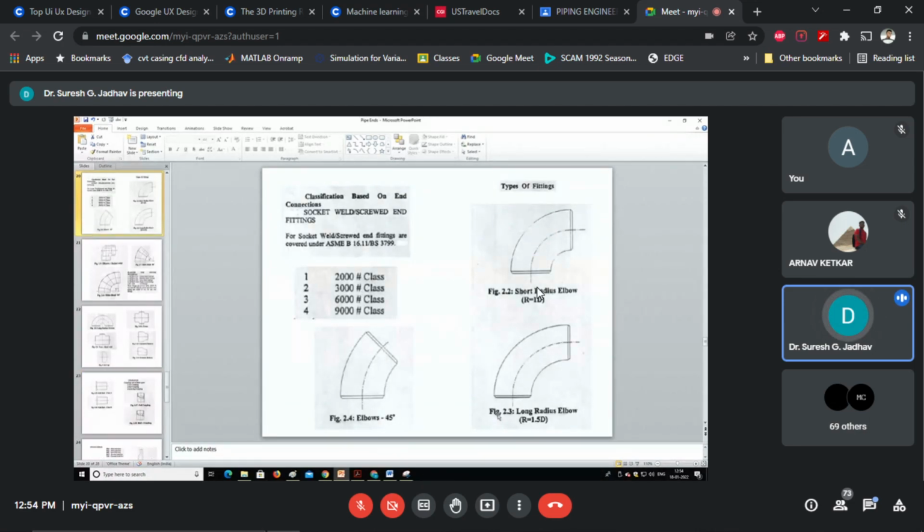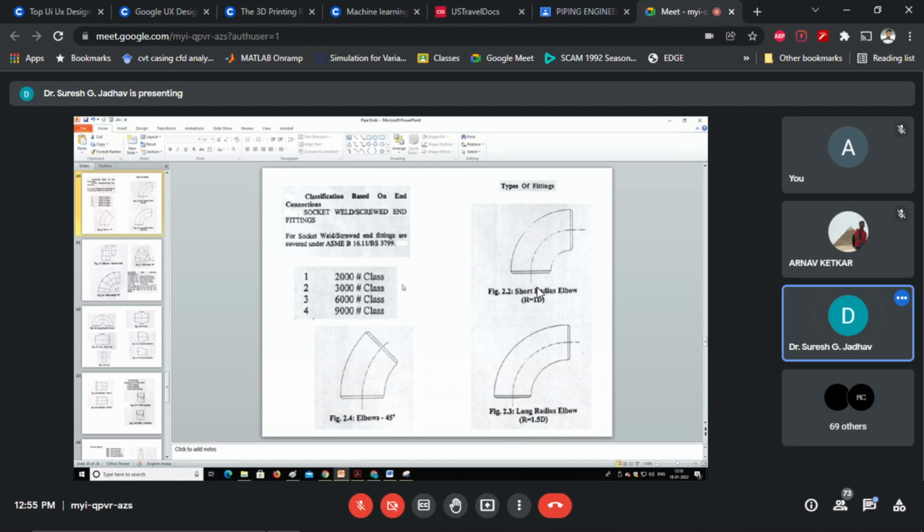Now see the classifications, the pressure classes. In this classification based on end connections, first is socket weld and screwed end fittings. That kind of fittings we discussed in earlier lectures. Now for these fittings, four pressure classes are given.